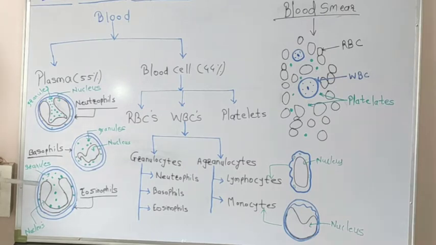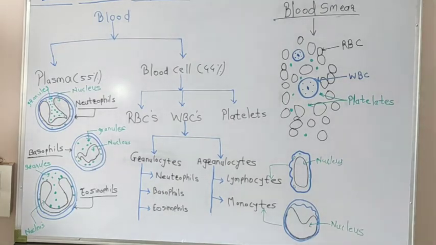But basophils are non-phagocytic. That means they don't destroy the pathogens. That's why they are about 0.5 to 1% present in the WBC.